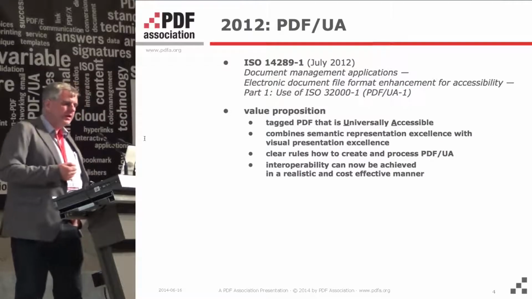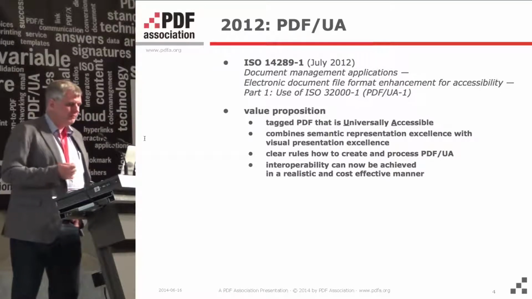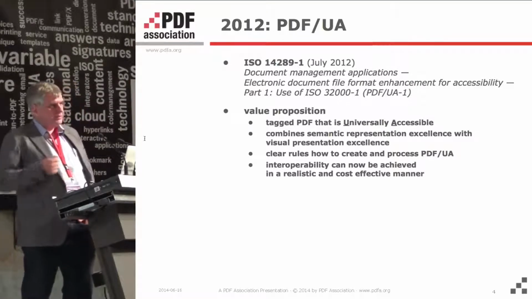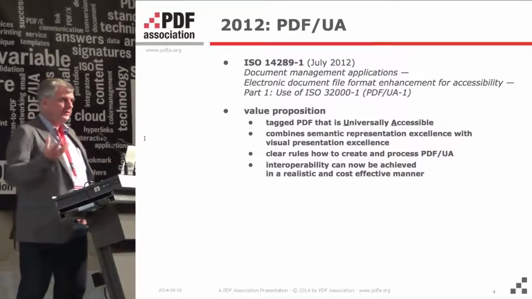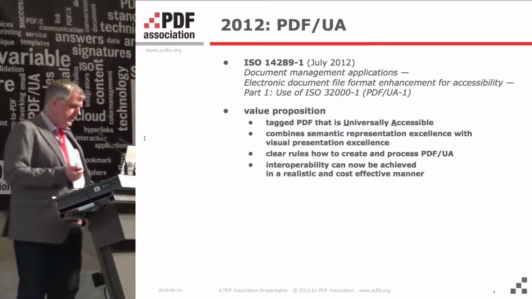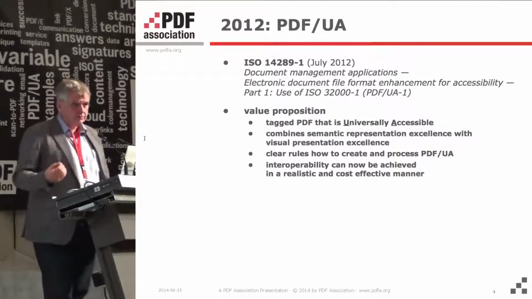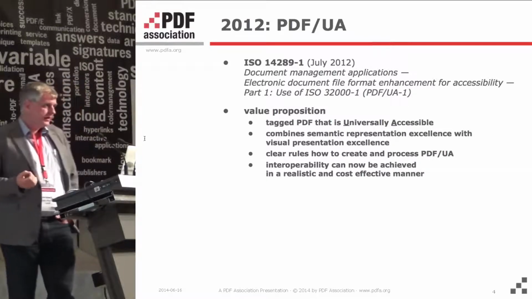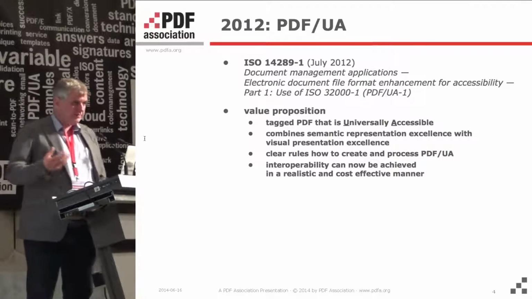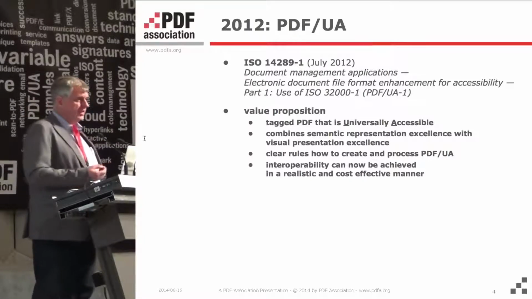And it aims to combine the semantic representation excellence with the visual presentation excellence you can only find at this quality level in PDF. It establishes clear rules, sometimes pretty demanding rules, on how to create PDF/UA files, well-tagged PDF files, and how to process them.